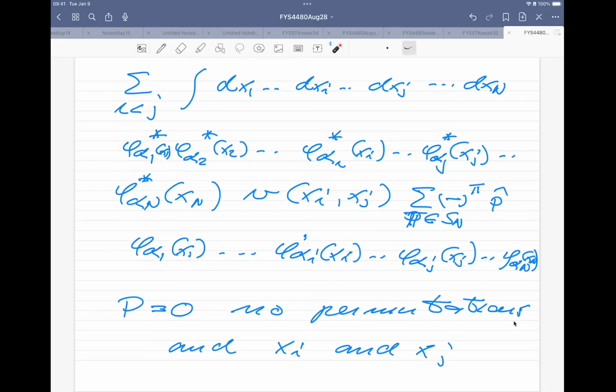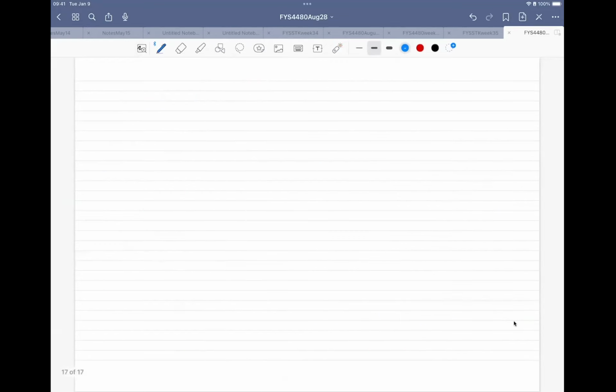And similarly, there will be dx2 up to dxn, except for these two, which will all give us 1. So the only thing which survives here when I take this sum over ij is the sum over i less than j, and the only integrals I need to evaluate are dxi and dxj, because all the other ones just give us 1, because these are normalized single particle states.